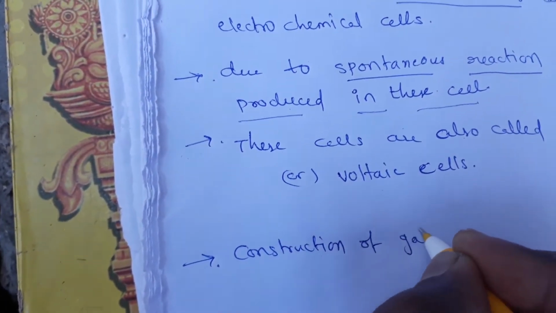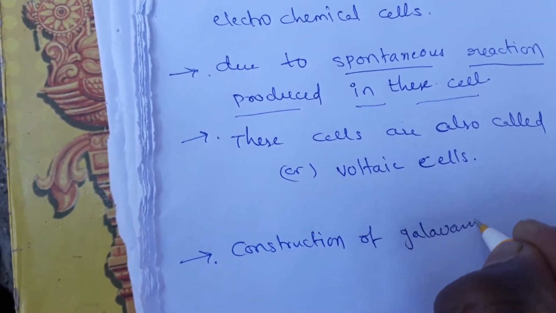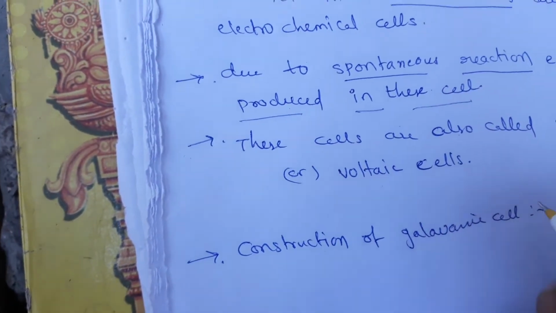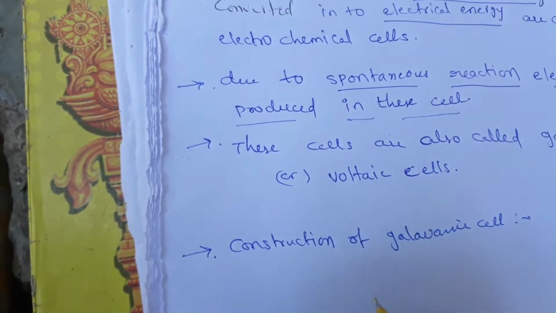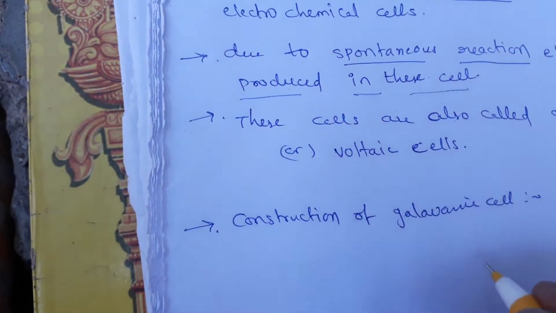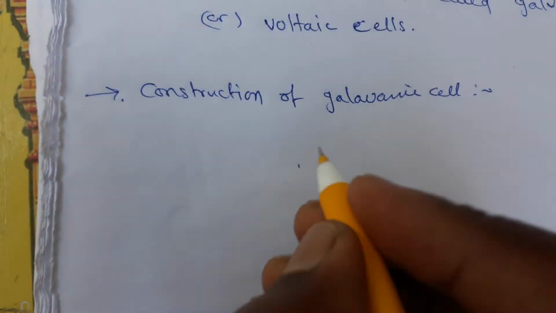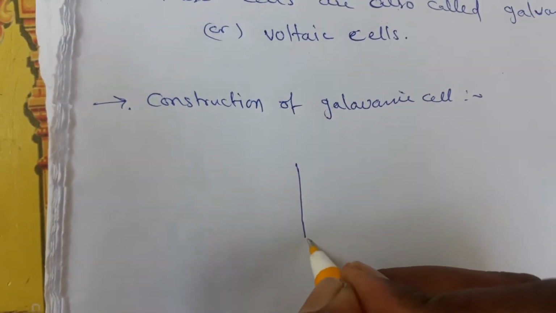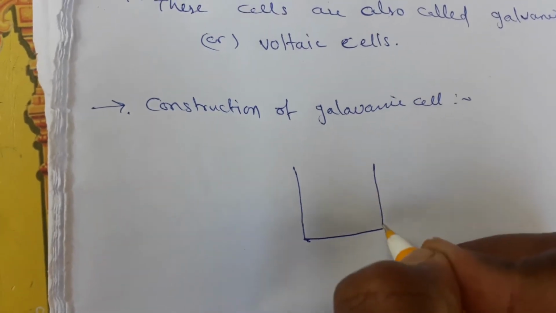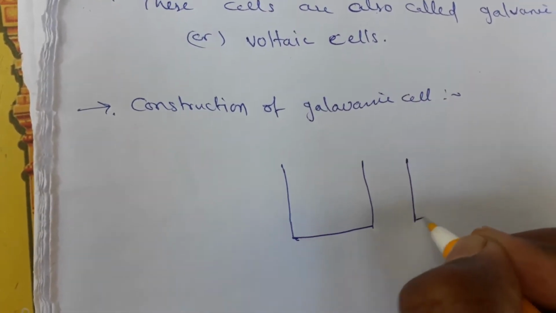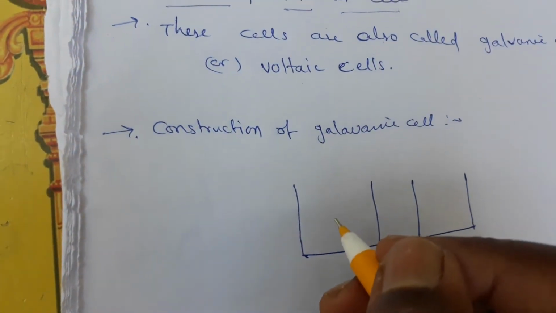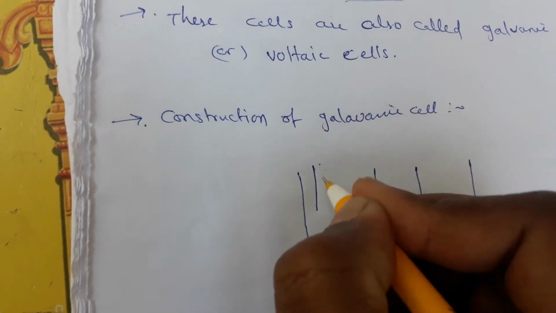Now the construction of the galvanic cell. Take two beakers, as I said previously, and there are two electrodes.